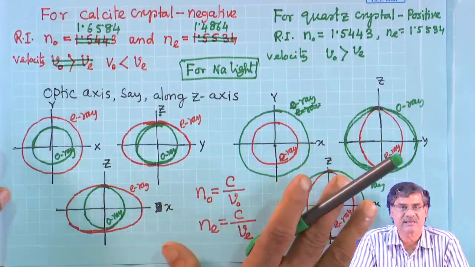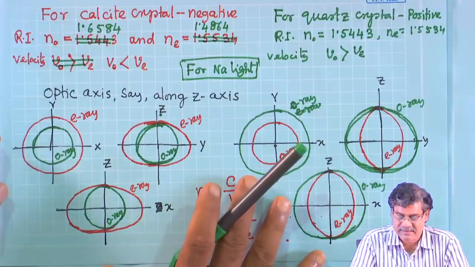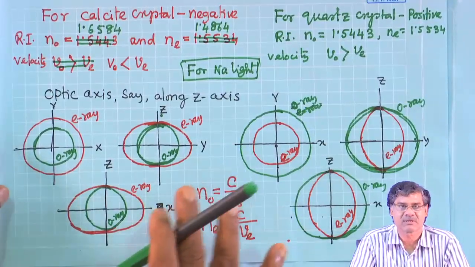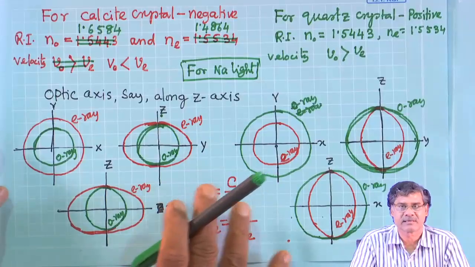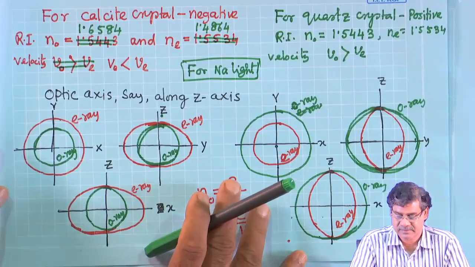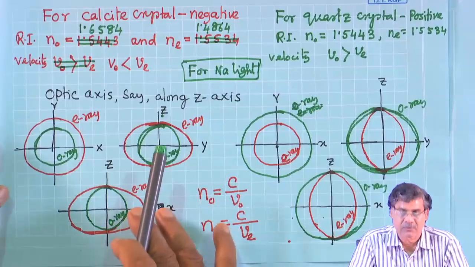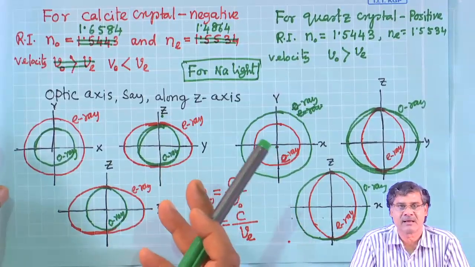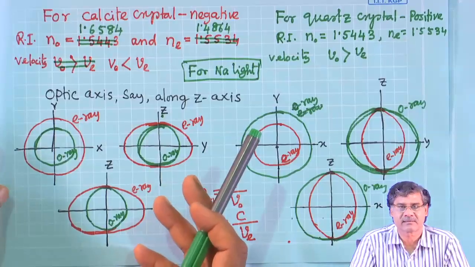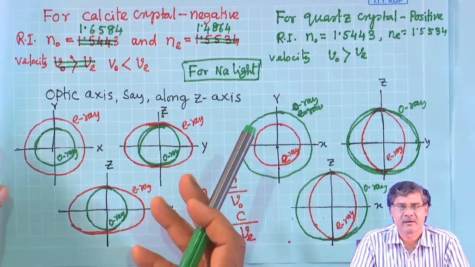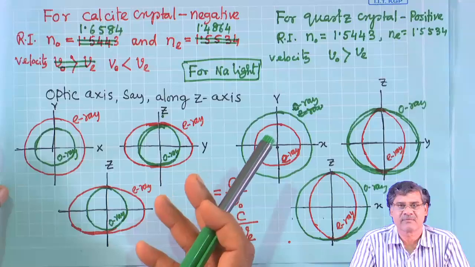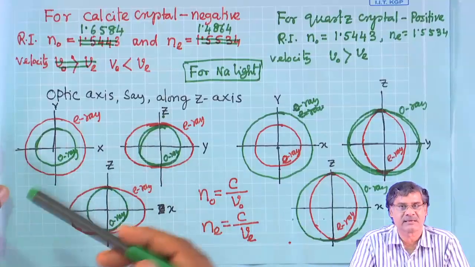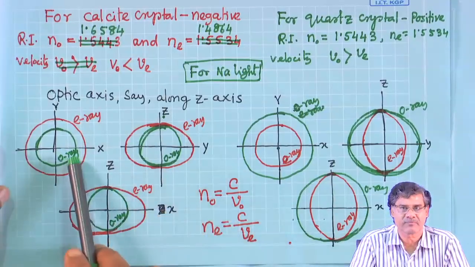So, for quartz crystal and calcite crystal, these are the maps for the velocity distribution inside the crystal, okay. It is nothing but a similar mapping of the refractive index, okay. Whatever velocity is higher, the refractive index will be lower, okay.